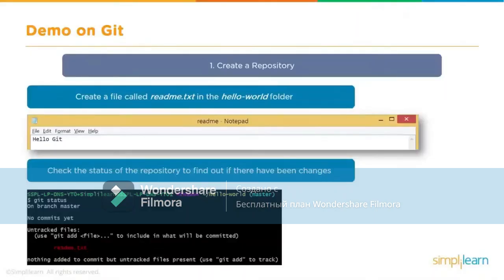What's interesting is if I select the git status command, what it'll actually show me is that this file has not yet been added to the commits for this project. So even though the file is actually in the folder, it doesn't mean that it's actually part of the project.